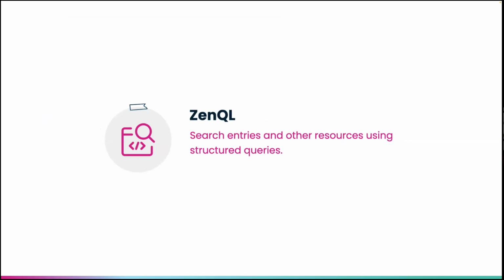The idea of ZenQL, a new querying language to enable you to easily define queries, not only to use in our delivery API today from a code perspective, but to begin to layer in reporting features and scope content in entry pickers.